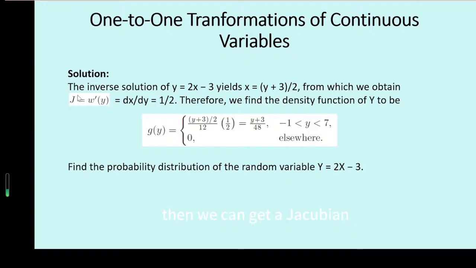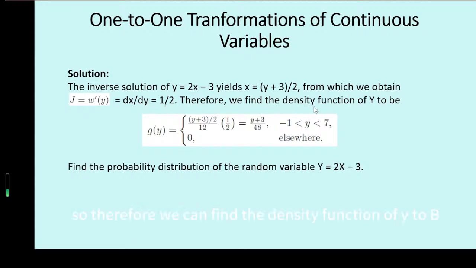Then we can get the Jacobian value, dx/dy, equals 1/2. From this expression, we take the derivative with respect to y, so it equals 0.5. So the absolute value of the Jacobian is also 1/2.